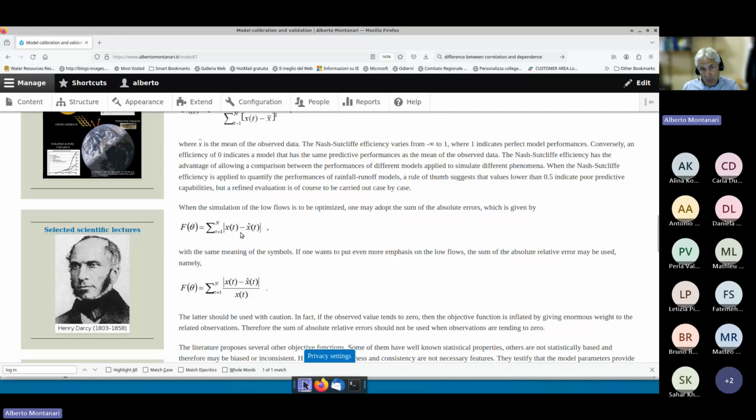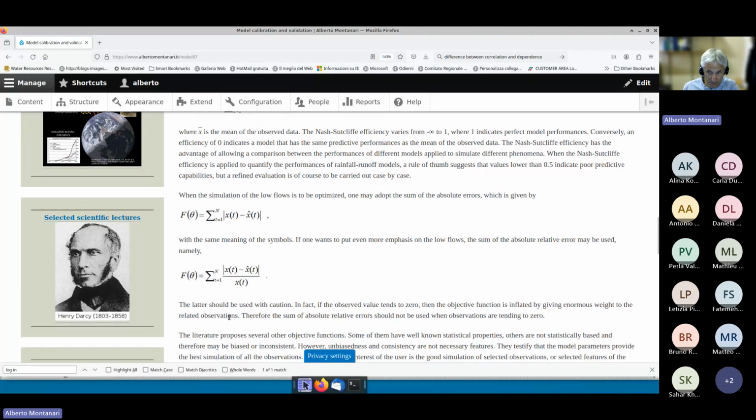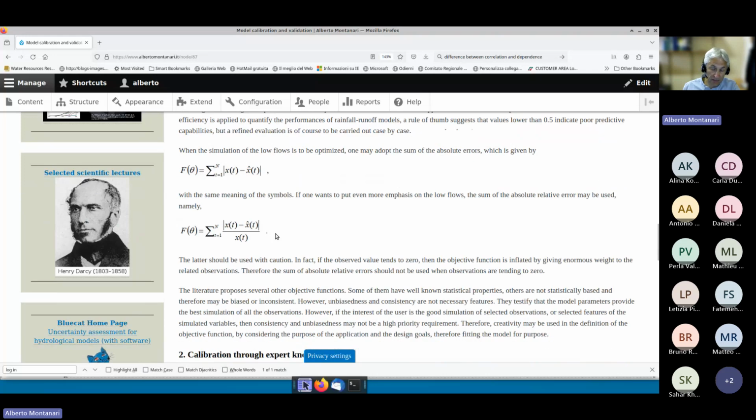And in case you want to put even more emphasis on low flows, you can also use as objective function the second equation, look at my mouse, the sum of the absolute relative errors. Okay, it is written here.